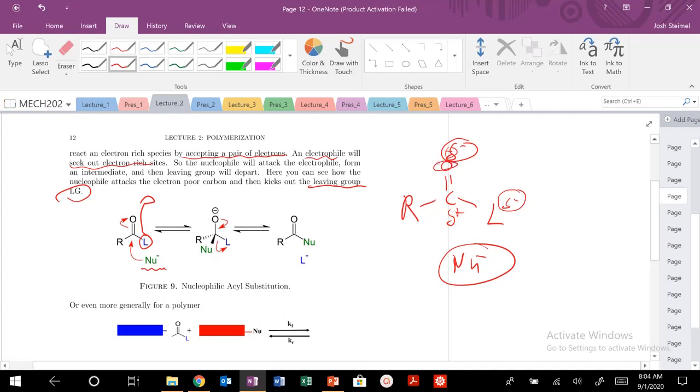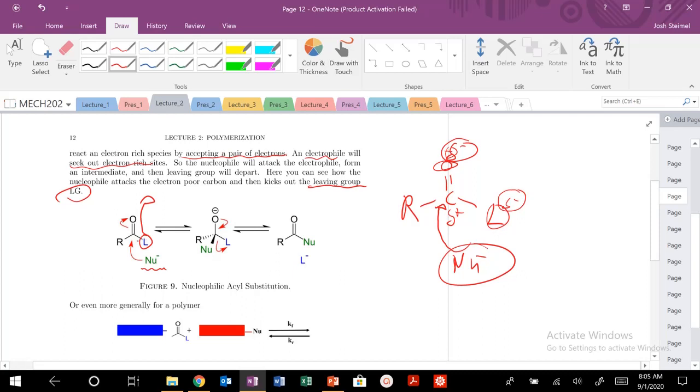Electrons are being pulled from here and from here, and now we have our nucleophile, which is electron rich and wants to seek out an electrophile, this electron-poor species. It wants to react and donate an electron here. So the nucleophile is going to attack right here, break that bond, donate an electron, and transfer.